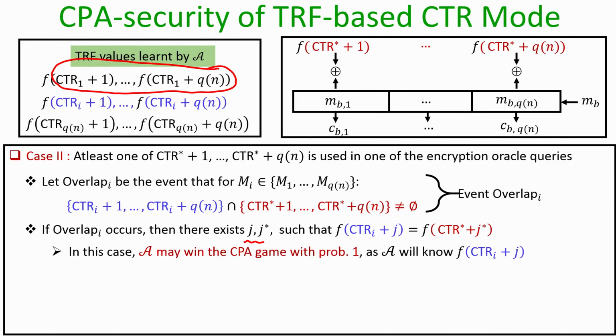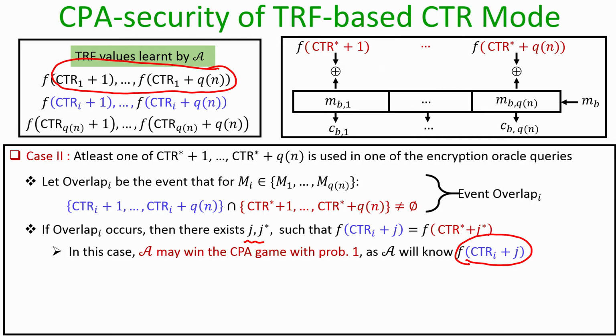If this event occurs, then the adversary can clearly win the CPA game with probability 1, because the adversary will know the counter value which has been used to encrypt the jth block of the message MI, and the adversary will see all the counter values which are actually used for encrypting the challenge plain text MB, because those counter values are part of the challenge ciphertext.